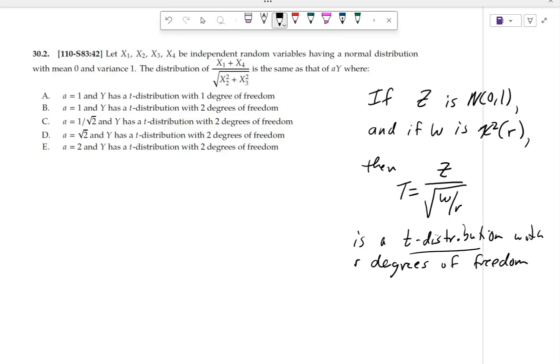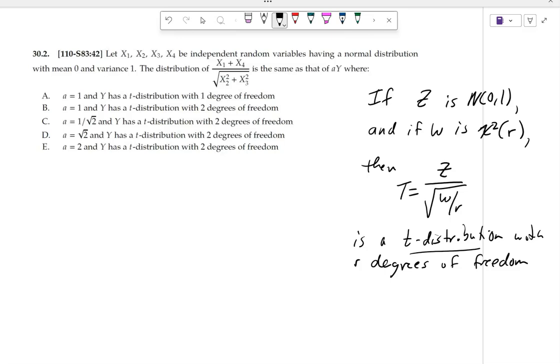I do need my Z and my W to be independent in this. We talked about this very, very briefly. It's beyond the scope of what we're going to do. But if you do random samples, then the sample mean and the sample variance are independent of each other. This is why this is important, by the way.